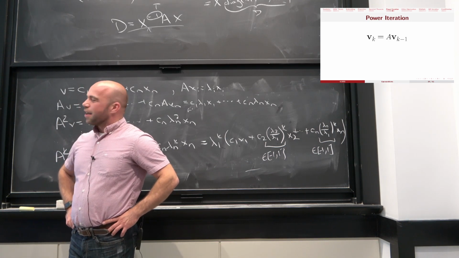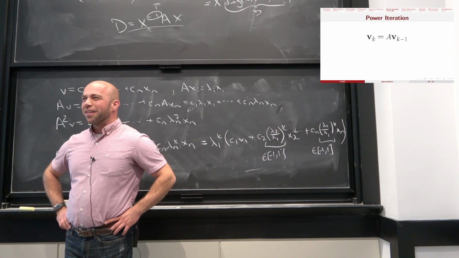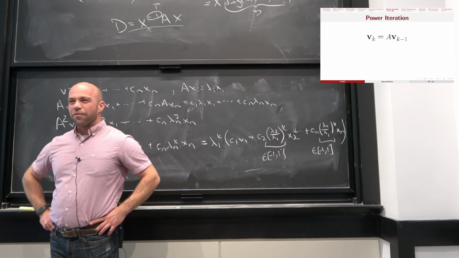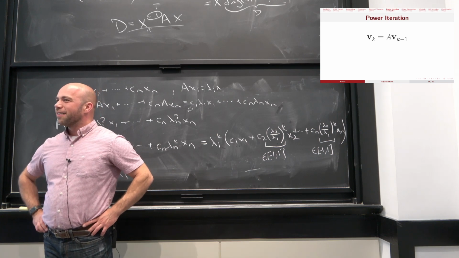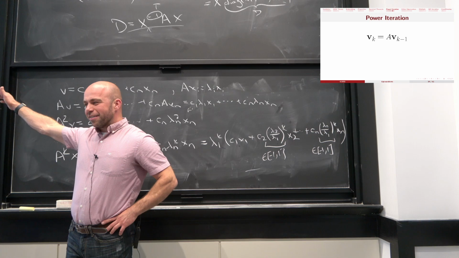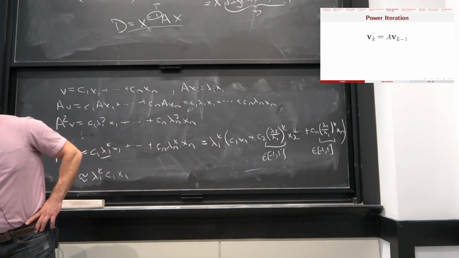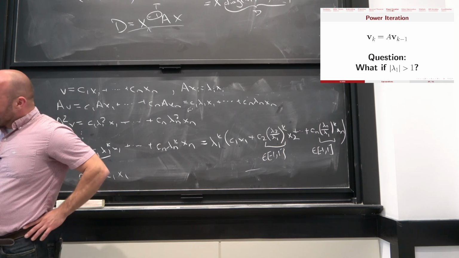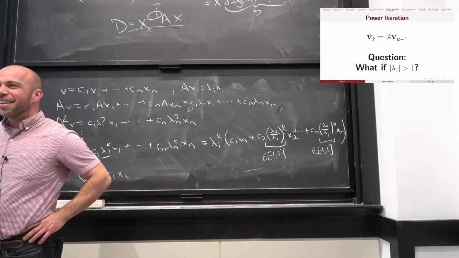Then v25 is going to be 2 to the 25th times the thing I started with. So this thing is very likely to explode numerically. But at the end of the day, I just need something parallel to this, I don't actually have to keep the scale. So in this case where lambda 1 has a modulus bigger than 1, this is probably not such an advisable technique.